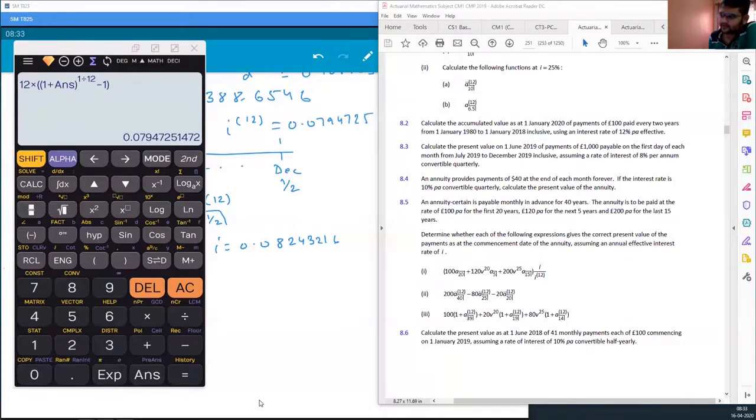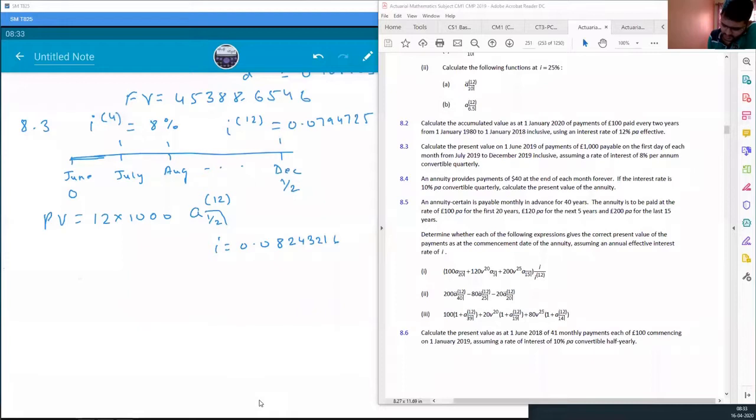This is our I-12. So our present value becomes 12,000 A, that would be 1 minus V raised to only half a year, so 0.5, by we'll have our I-12.